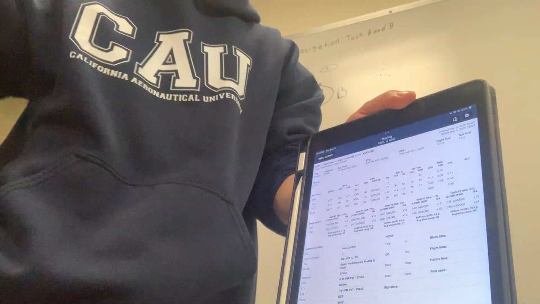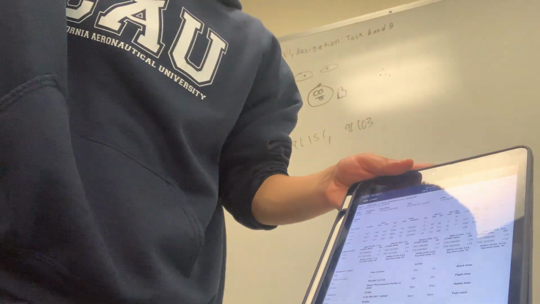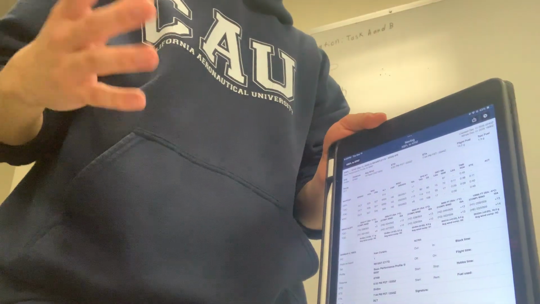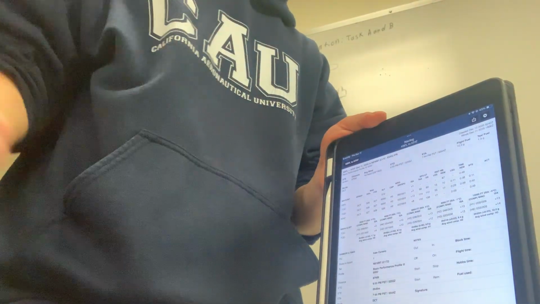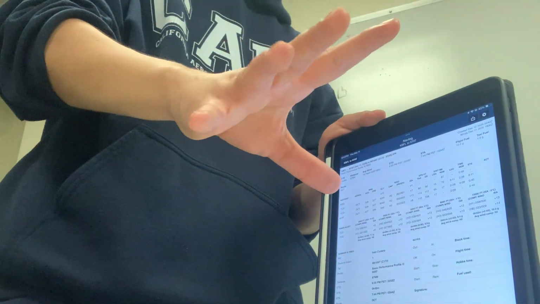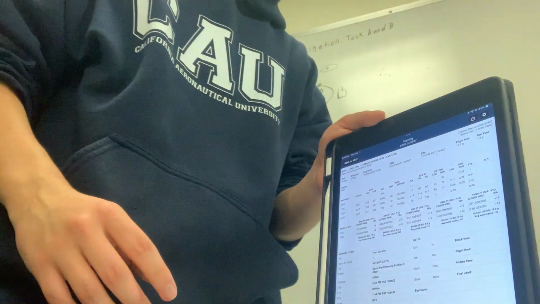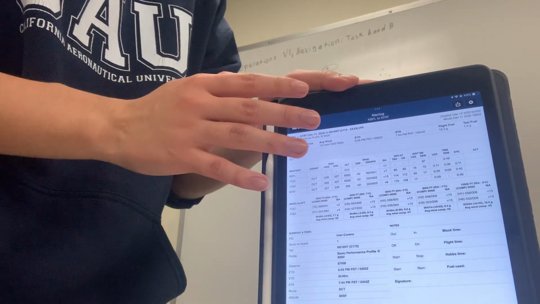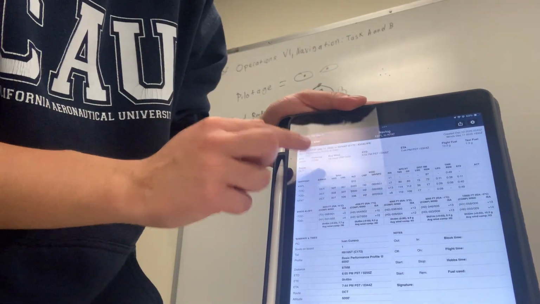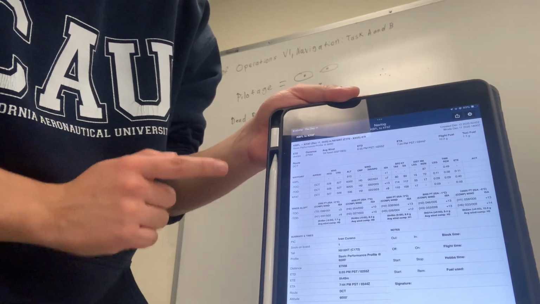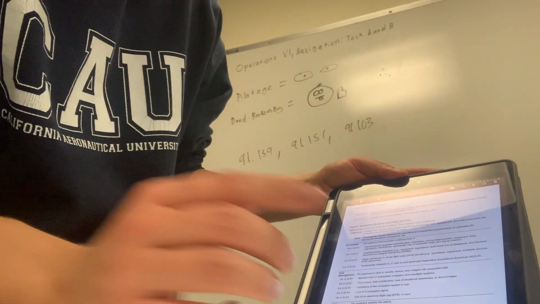You probably have to do one for your private, but I've never seen anyone actually do one when doing a cross country later on. This is just something important to take note of, and how to actually use this and understand what this stuff is talking about.